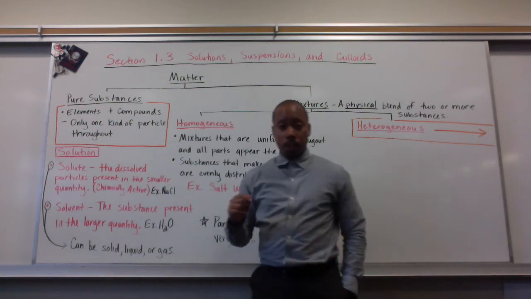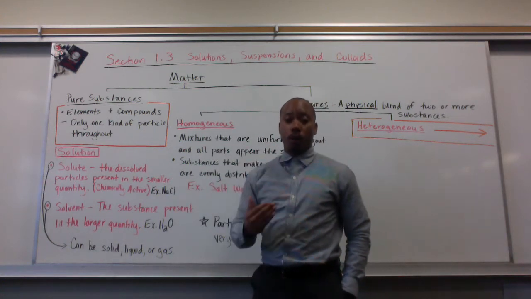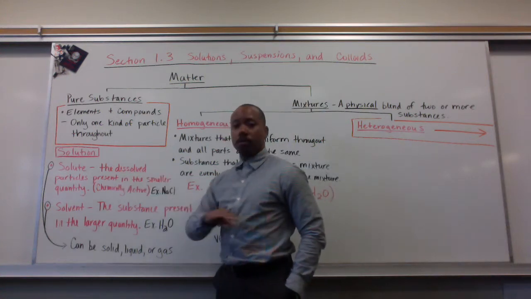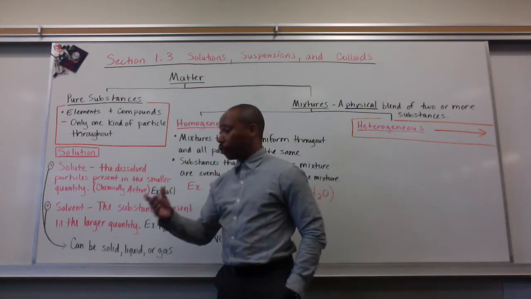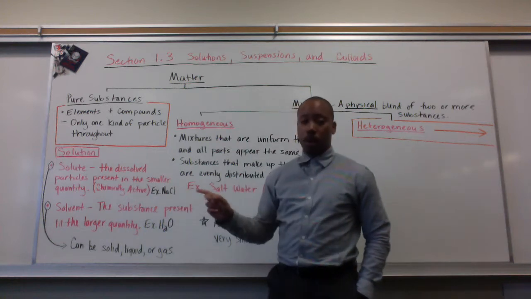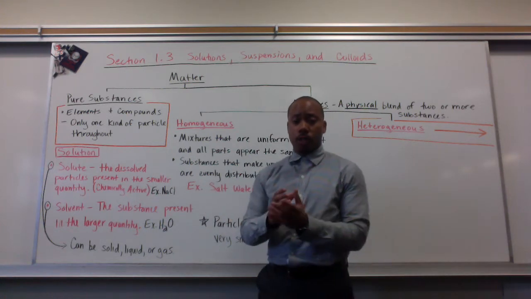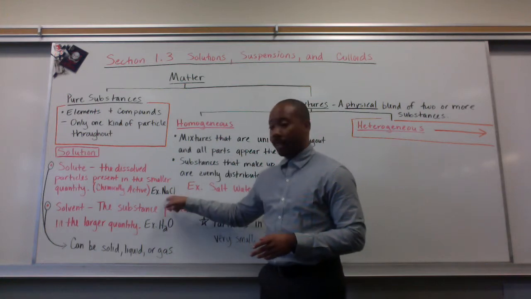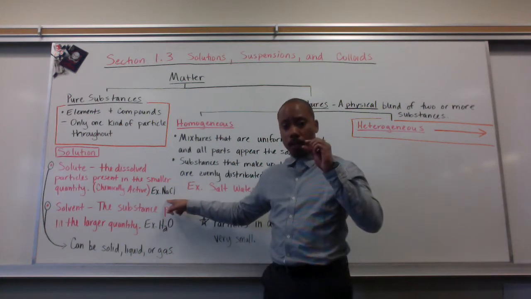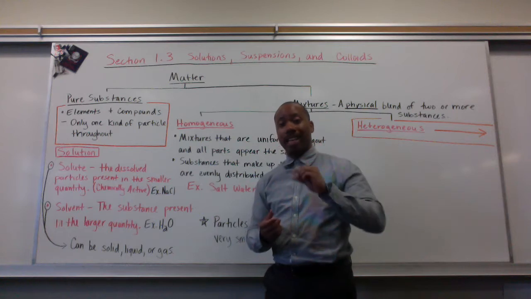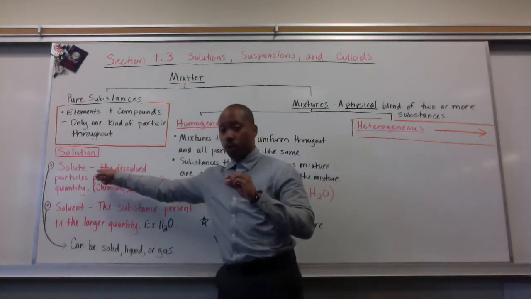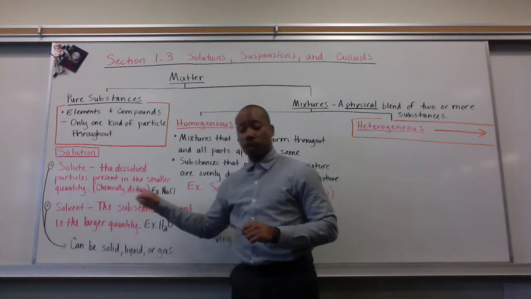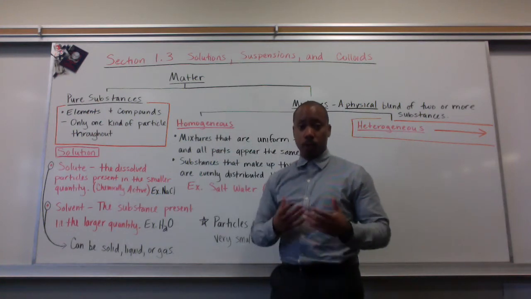The solute is the dissolved particles in your mixture, and by definition it is present in the smaller quantity. In this case, it would be our NaCl. I add a small amount of salt and a large amount of water. That salt is called my solute in this case. The solute is the chemically active portion of the mixture. That's usually what you're really interested in.